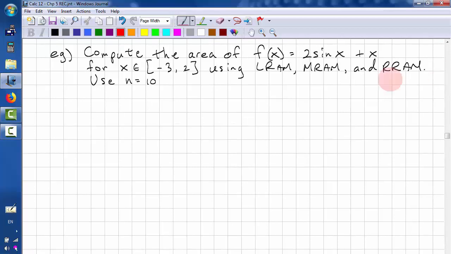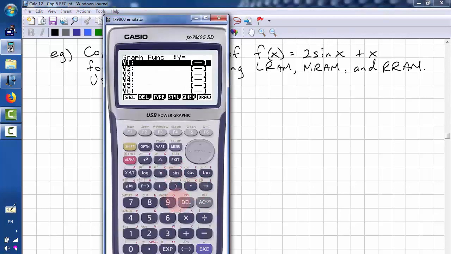Okay, let's look at our next example. Compute the area of f of x equals 2 sine x plus x for the closed interval -3 to 2, using the left rectangular, middle rectangular, and right rectangular using n equals 10. Now, let's graph this first. We have 2 sine x plus x.